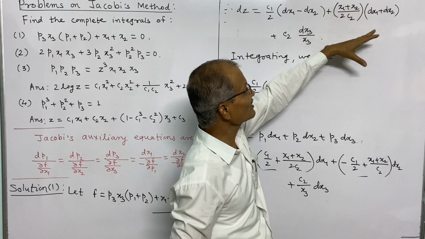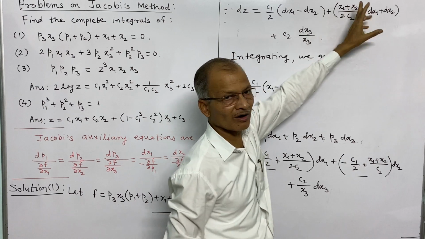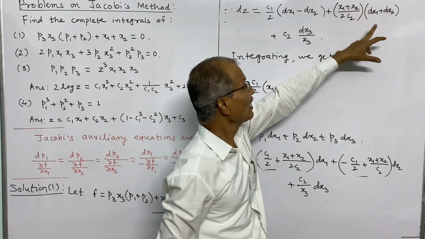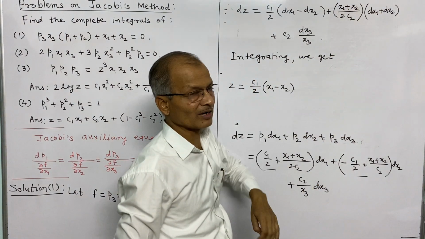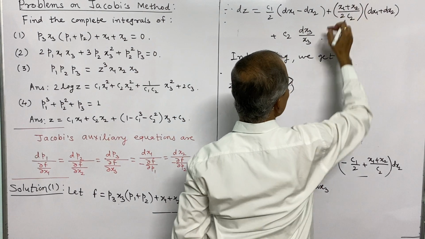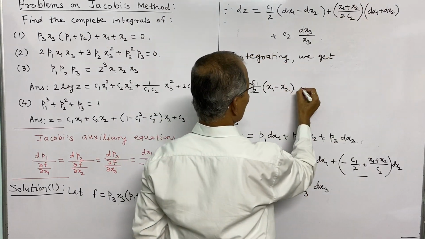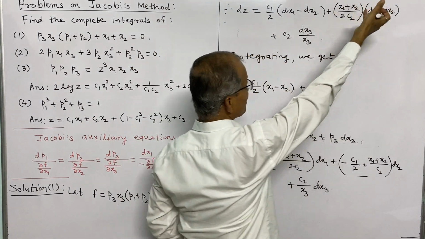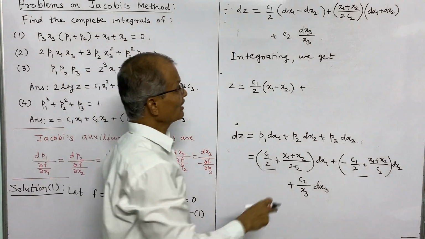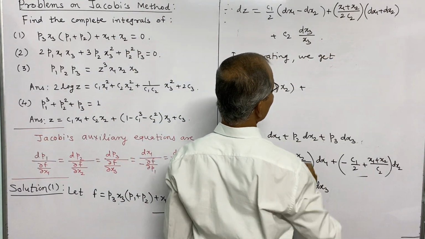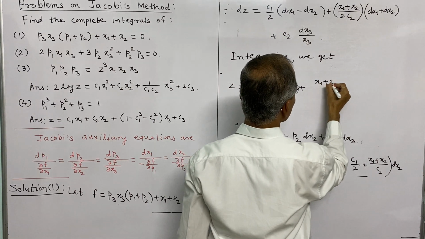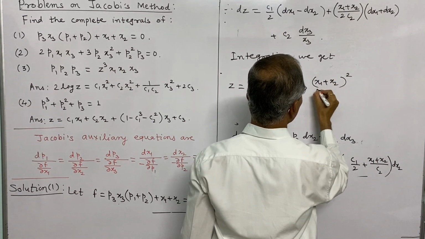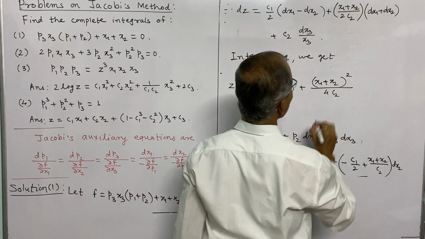So therefore it is t into dt. And what is integration of t dt is t square by 2. So instead of t, here it is x1 plus x2, and that (x1 plus x2) whole square divided by 2, and that 2 into this 2 at denominator becomes 4 times C2. So it is (x1 plus x2) whole square divided by 4 times C2.